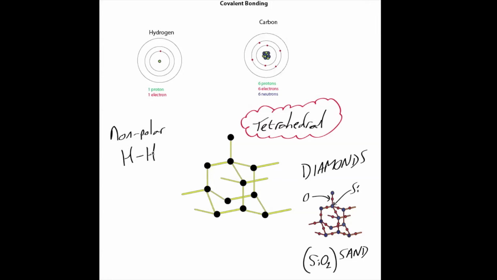It's got the same element on both sides, so there's no way of differentiating or choosing one over the other. And we've got polar bonds, which are more common, I suppose. Polar bonds, which are things like CH, OH, and things like that.